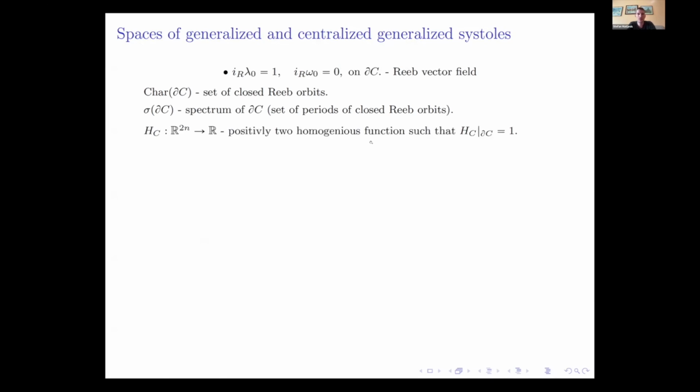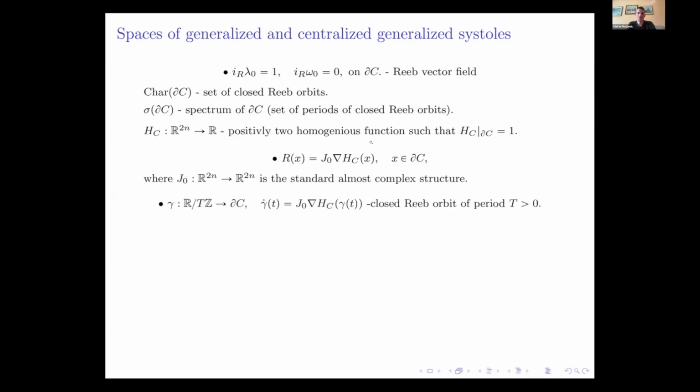This is basically another way to see Reeb orbits in a smooth setting. We define a positively two-homogeneous function H, which is one on the boundary. Then by a simple calculation, one can easily show that the Reeb vector field is the gradient of this function multiplied with J0, where J0 is the standard complex structure.